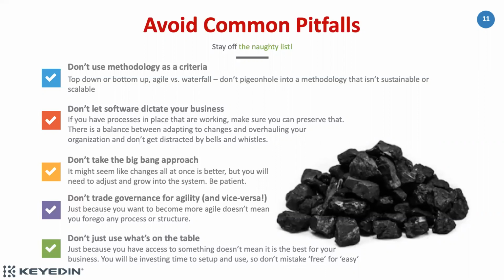One final thing to mention here, and again, this is true of any software search, ensure right from the beginning that you have executive support and sponsorship for your search.